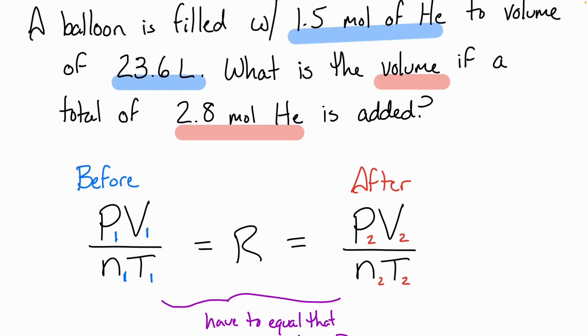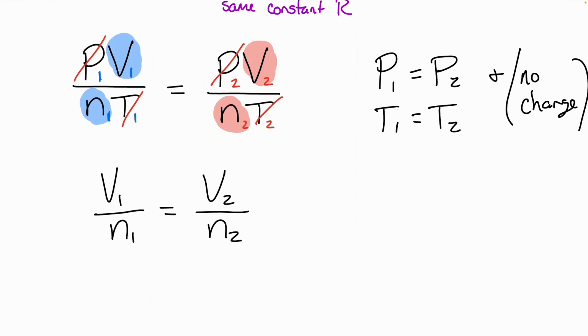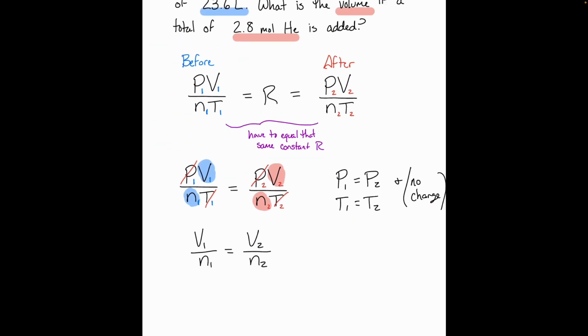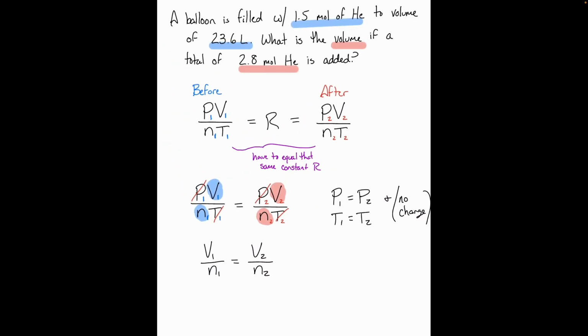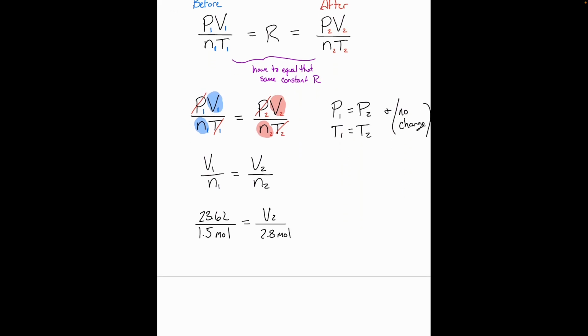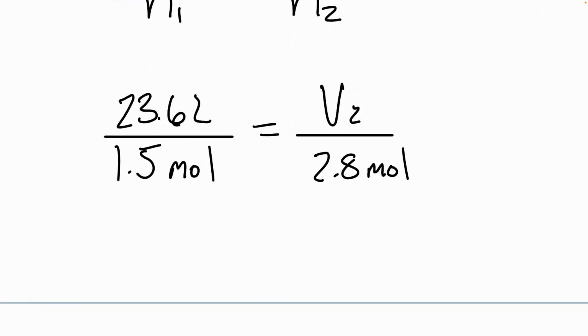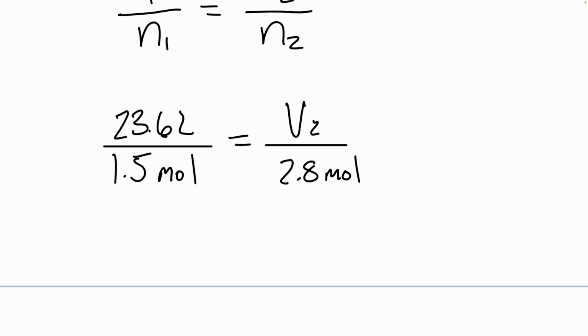And now I can plug in here. I'm given my 1.5 moles, my 23.6 liters. This equals this V2, which I don't know, divided by my 2.8 moles. And now I can just cross multiply and solve for V2.